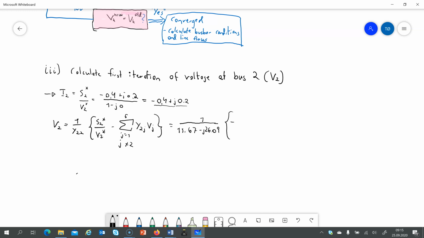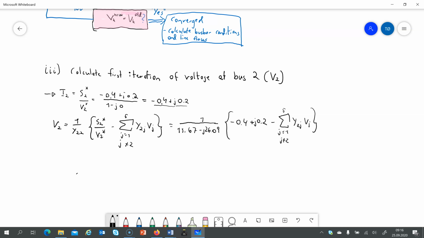Then we put in the current 0.4. Just like this.